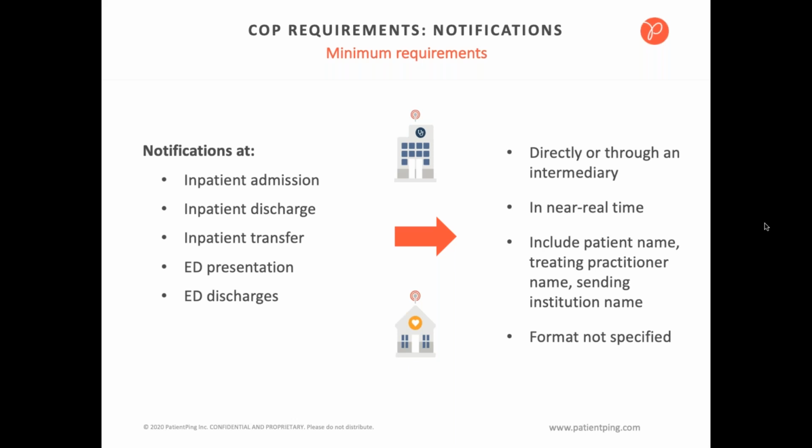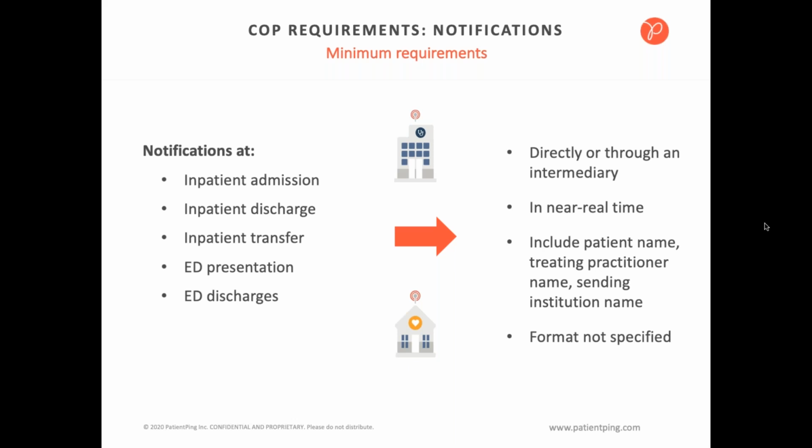The message must include, at minimum, the patient name, the treating practitioner name, and the sending institution name. CMS had originally proposed to also include diagnosis information, but that is no longer a required data element. A diagnosis is, however, optional as long as it's permissible by applicable laws and regulations. In general, I should note here that CMS made clear that the e-notifications requirement will apply where permissible under federal and state laws and regulations and as consistent with the patient's privacy preferences.